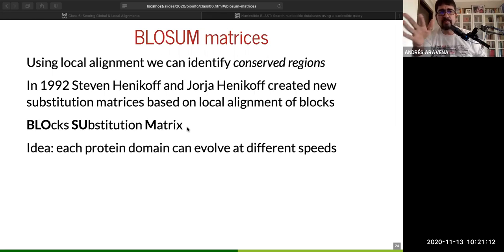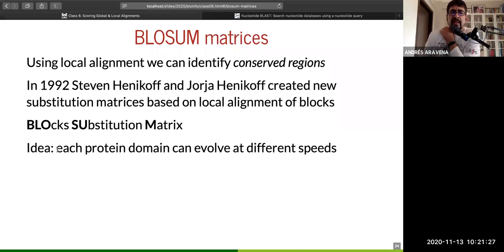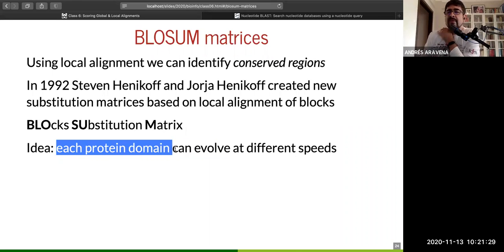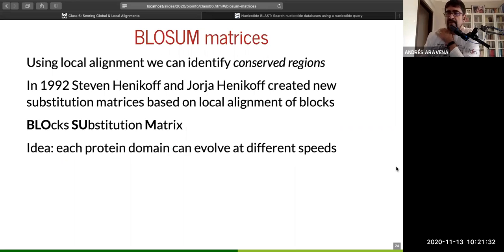In 1992, people knew better. They said, okay, we are going to do local alignment. And now, instead of comparing protein to protein, we are comparing domains to domains, if you like, blocks to blocks. Therefore, there is the idea that the domains can evolve at different speeds. Since the speeds are different, you cannot take them directly like in PAM, where you have evolutionary distance.